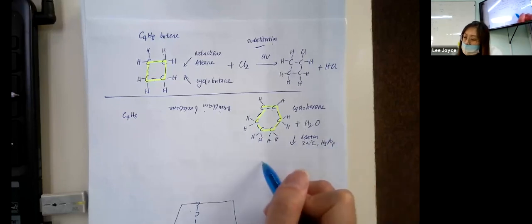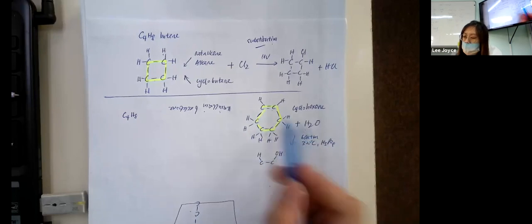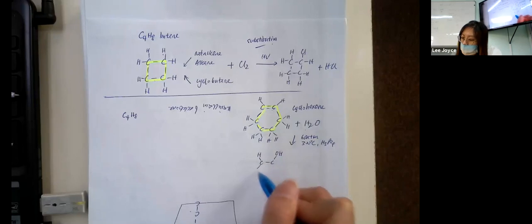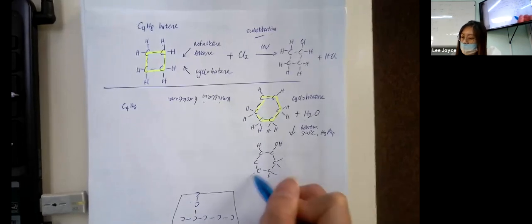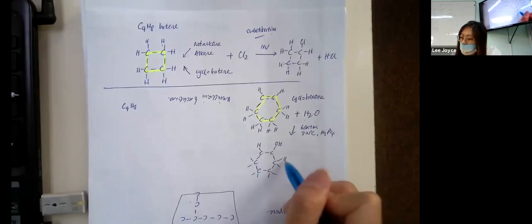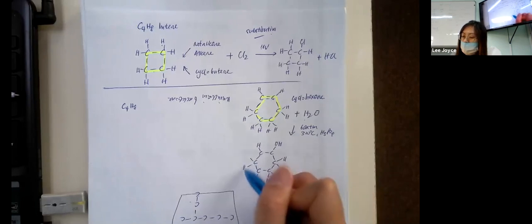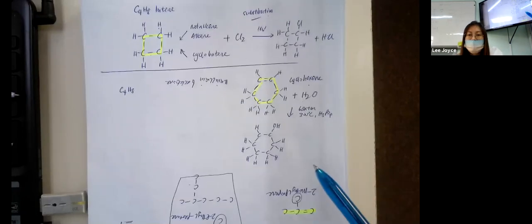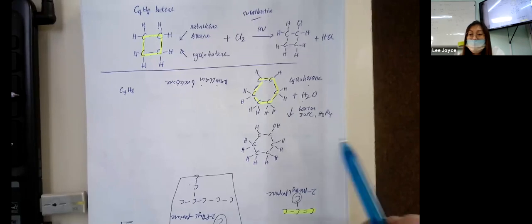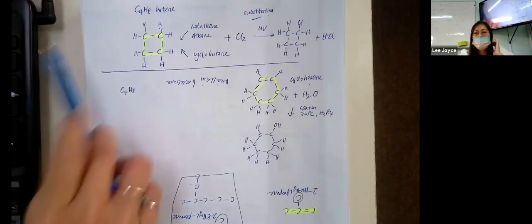So what will be the product? The product will be this. We add an H and an OH on these 2 carbon atoms. Then the rest will remain the same. And you can see there is no more CC double bond; an unsaturated hydrocarbon becomes a saturated hydrocarbon. Understand? Any questions?